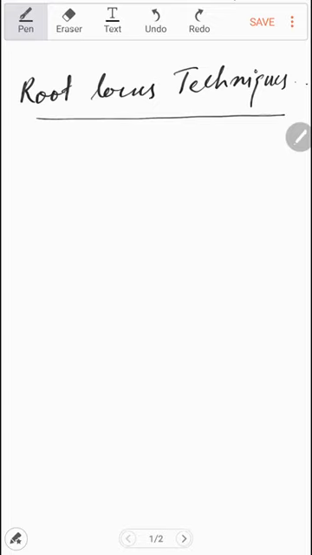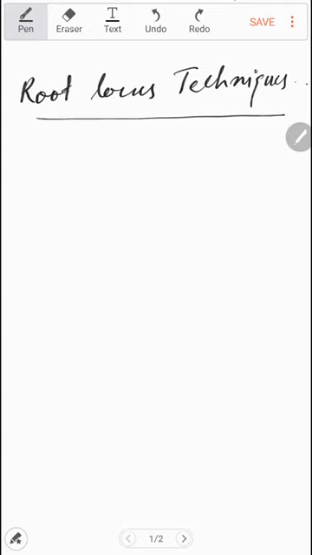Also, we know from the Routh stability criteria that we can use it for the stability analysis of the system. In the Routh stability criteria, we observe the number of sign changes.